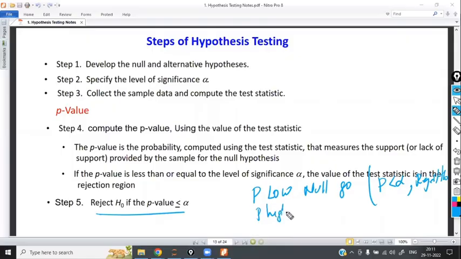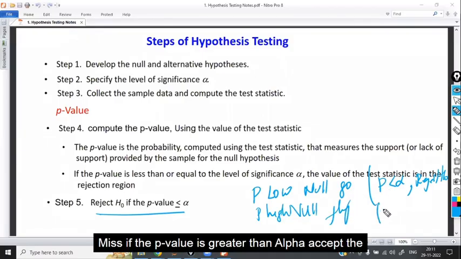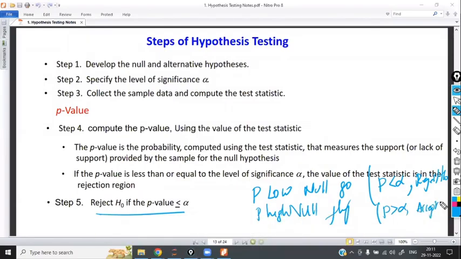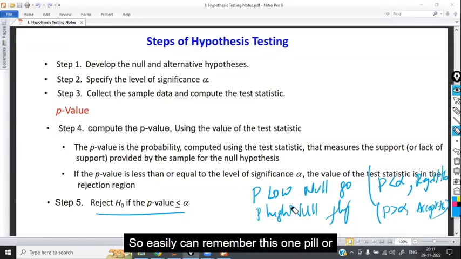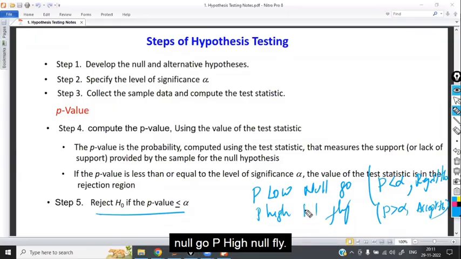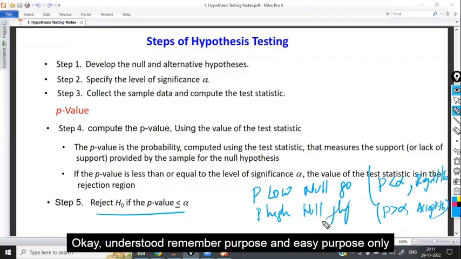P high, null fly, means if the P value is greater than alpha, accept the H0. That is the meaning. So easily you can remember this: P low null go, P high null fly. Okay, for remembering purposes and ease only.